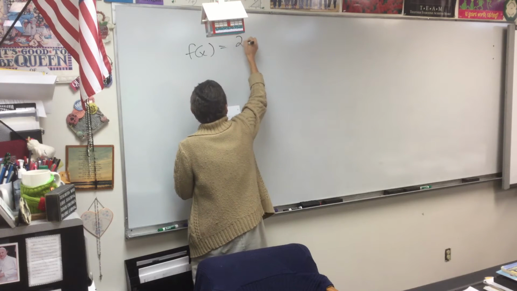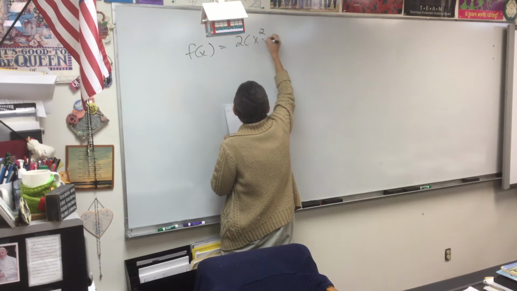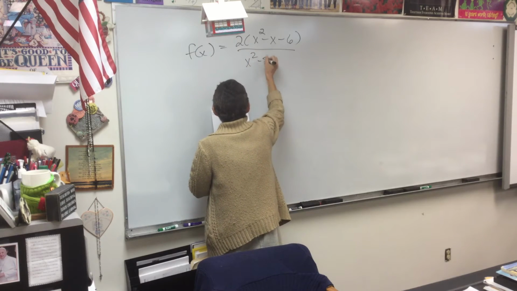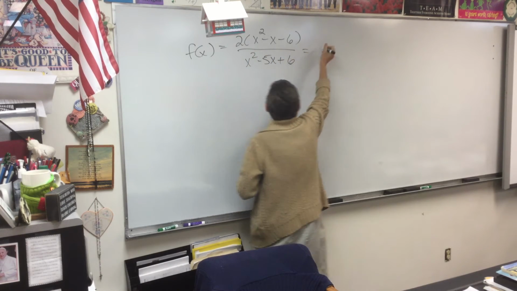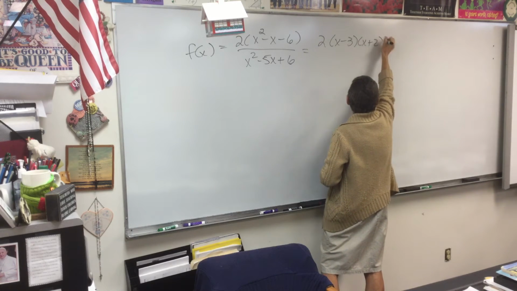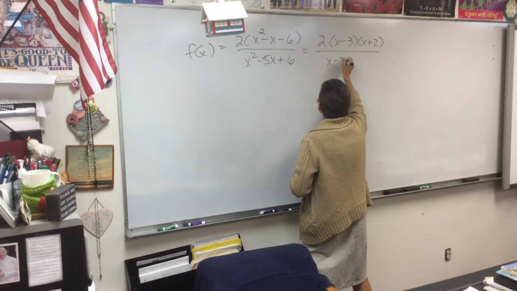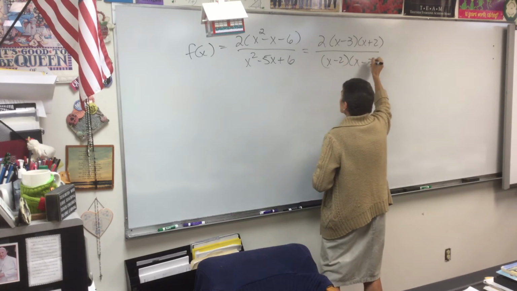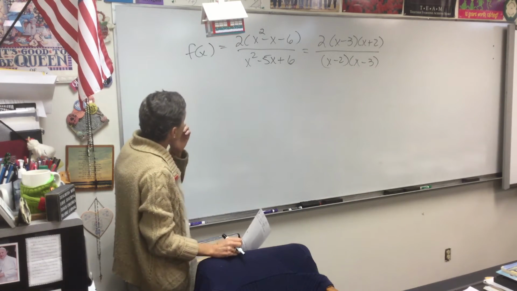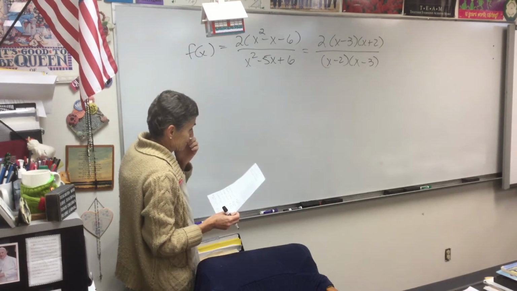But here's our problem. And I went ahead and pulled a 2 out so I can factor a little more easily. And then I'm going to let you check me. Did I factor that correctly? Yes.